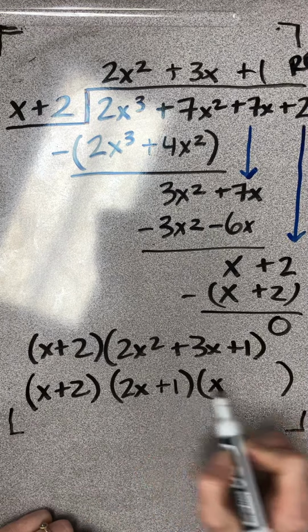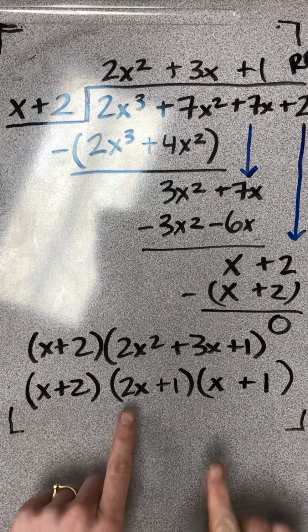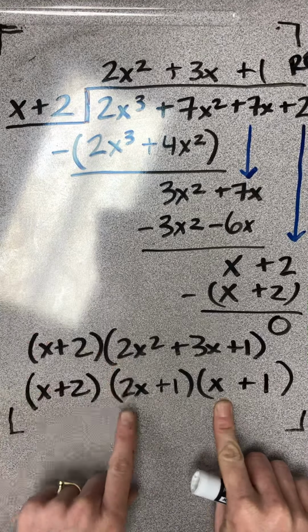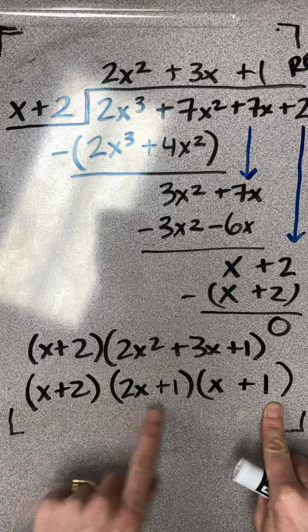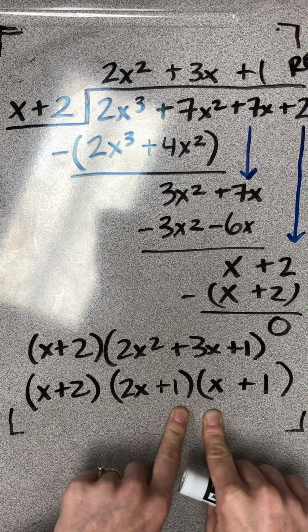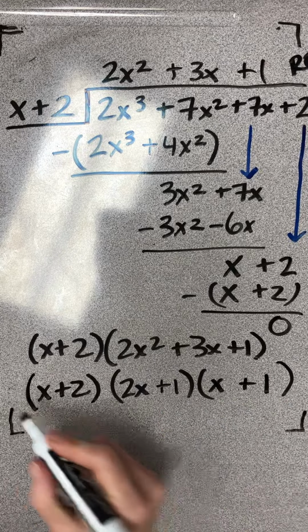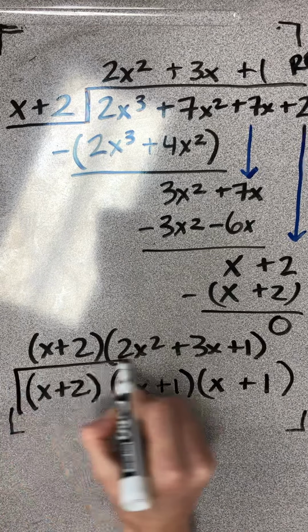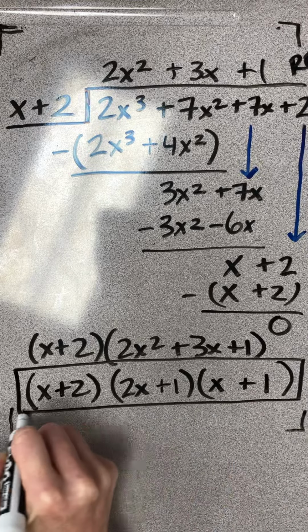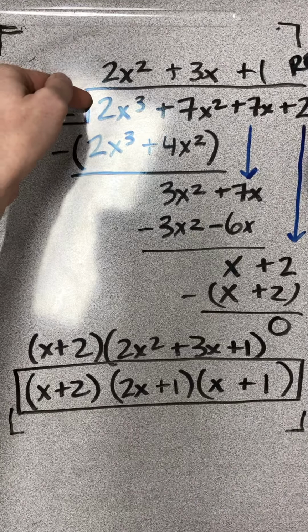Well, plus 1 and plus 1. And I see here 2x times x is 2x squared. 2x times 1 is 2x. 1 times x is x. 2x plus 1x is 3x. 1 times 1 is 1. So now I have fully factored this polynomial right here.